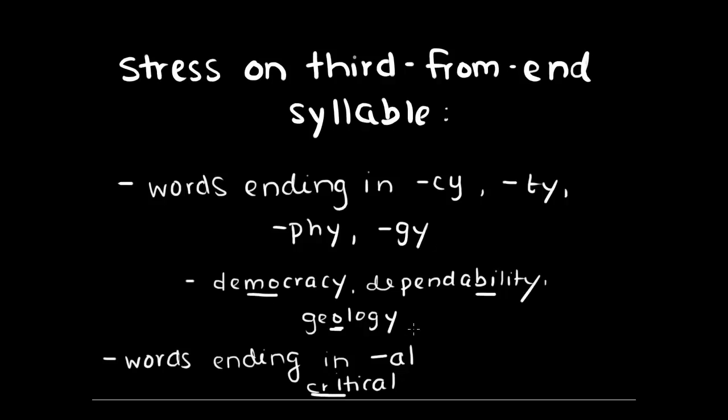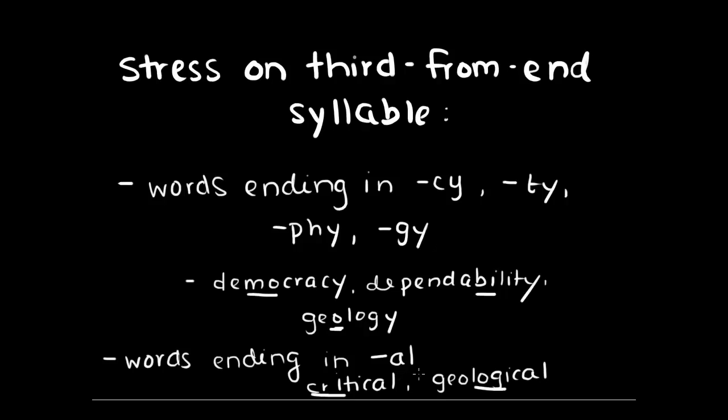Critical. And geological, stress is on the log. So see how in critical it's on the first, but that doesn't really matter. What we're looking for is third from the end. So it doesn't matter if it's the first one or the second one in this case. It's the first one in critical, it's the second one in geological, but in both cases it's the third from the end.